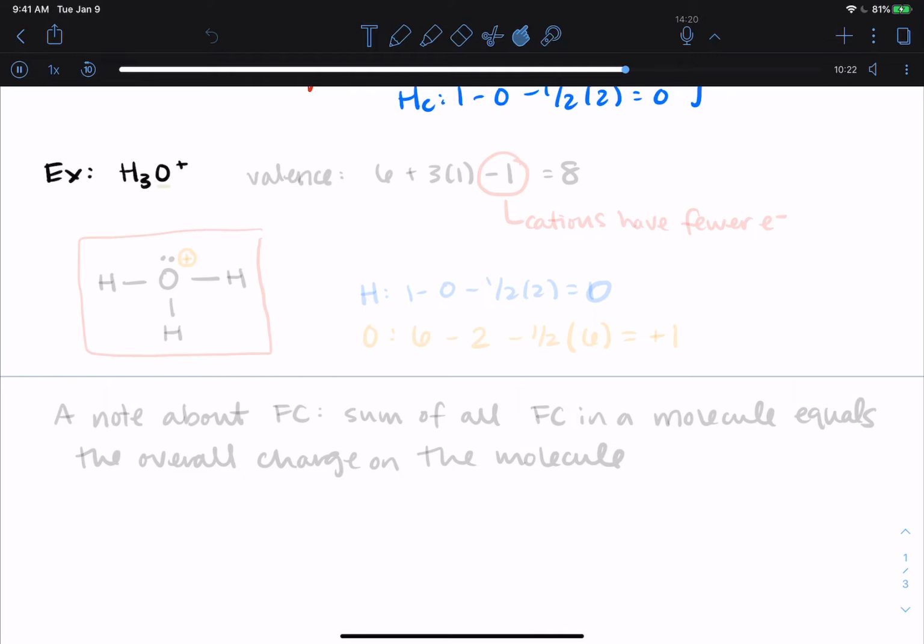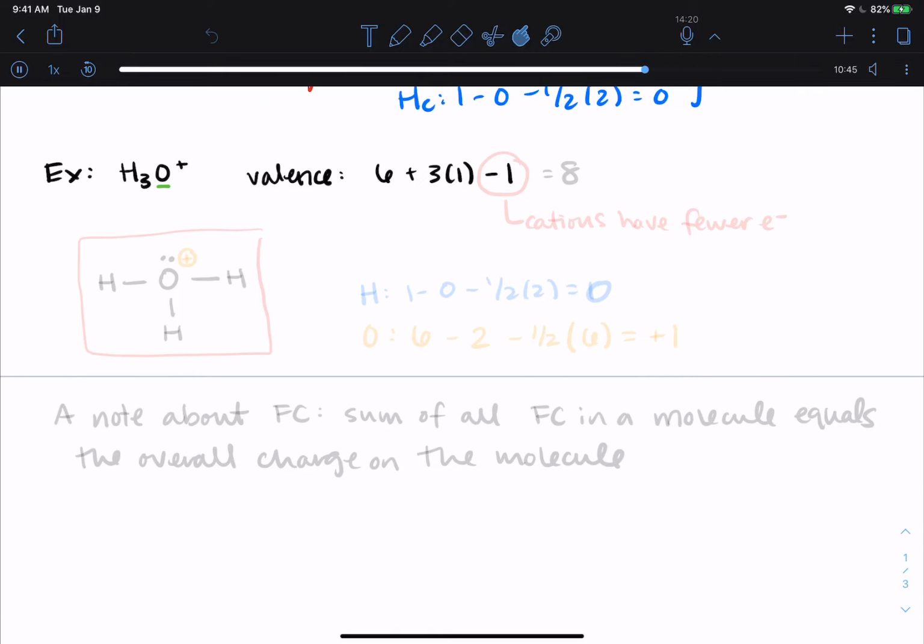So hydrogen's listed first, but remember it can't be the central atom. So oxygen is my central atom. I need a count of valence electrons. So oxygen has 6. Each hydrogen has 1, but my molecule overall has a positive charge.